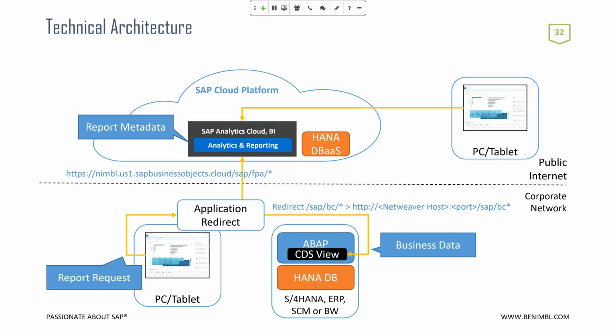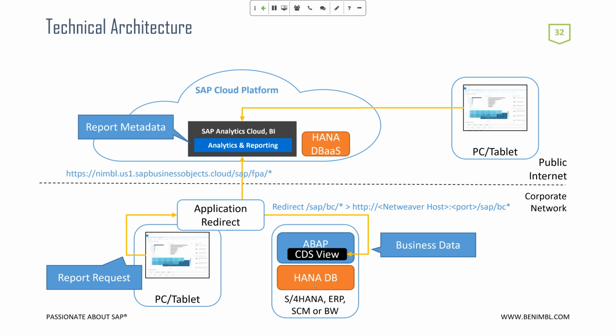So talking about architecture, one of the most common questions that we get is, if I deploy SAP Analytics Cloud, does that mean my data moves to the cloud? And the answer is, it doesn't have to.